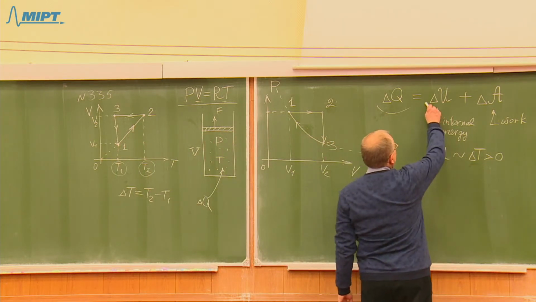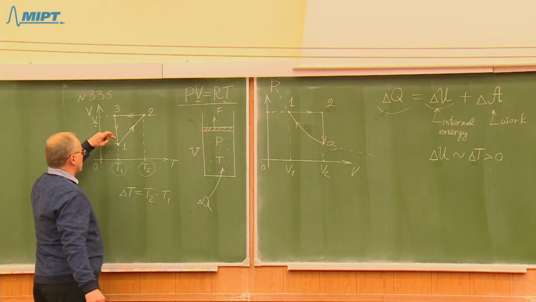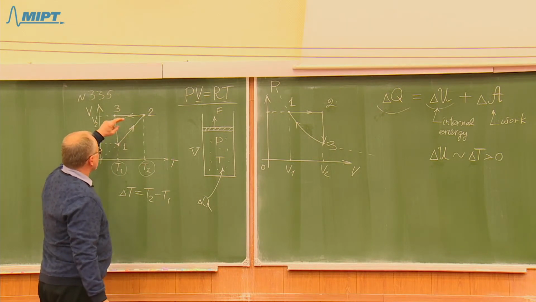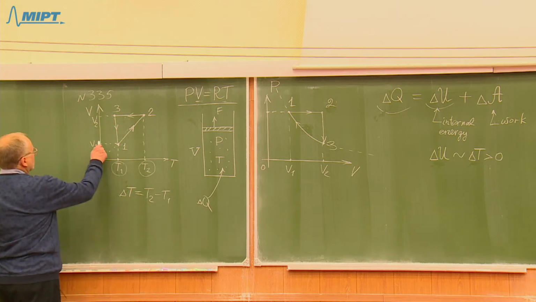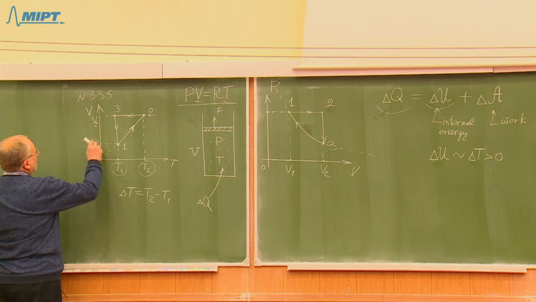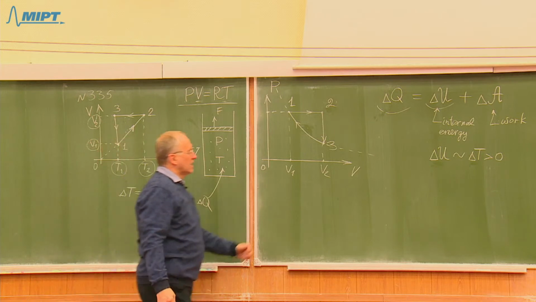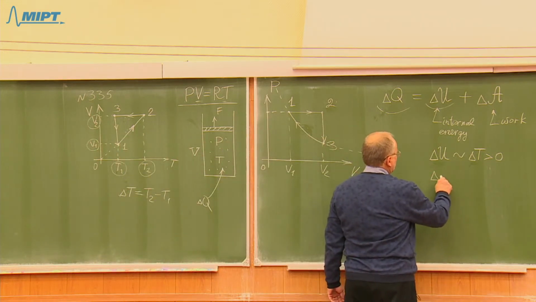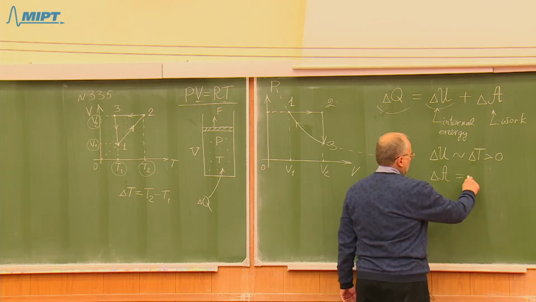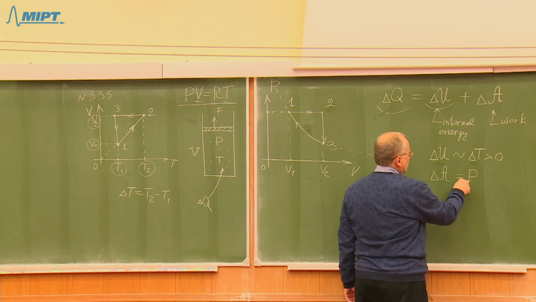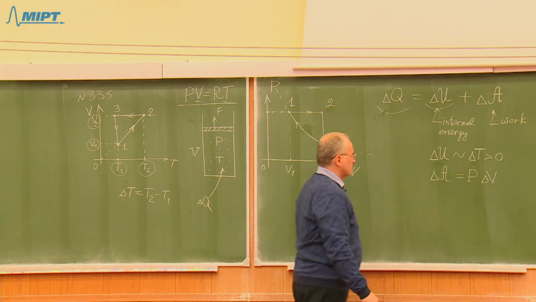Therefore, the first term here in this energy balance equation will be positive for the first process from point 1 to point 2. But in this process, also the gas volume changes. The gas volume increases from the initial value V1 to the final value V2. And we know that the work performed by the gas is defined by an equation we derived last time: gas pressure times change in gas volume.